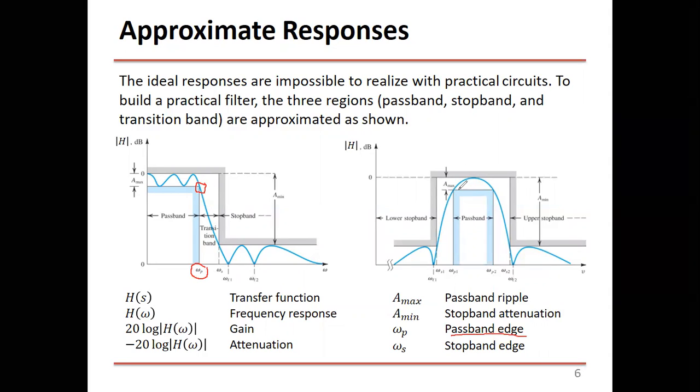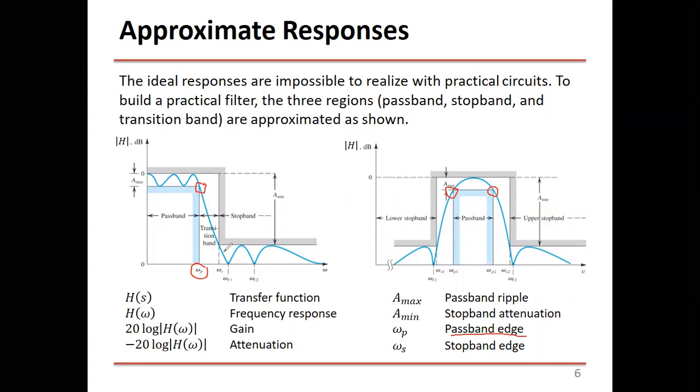In this case here we have two WPs, right? Because this is a low pass filter and this is a band pass filter. So in this one you have two edges: this one is the end of the passband, and this is the beginning of the passband. So this is WP1, WP2. Here we have only one because this is a low pass filter.